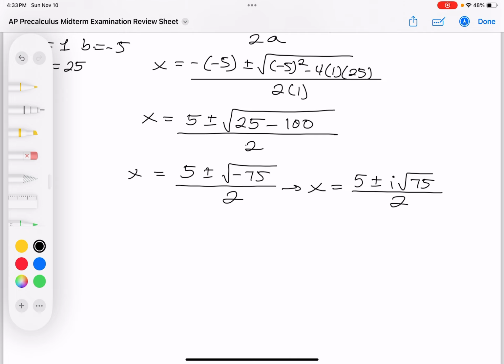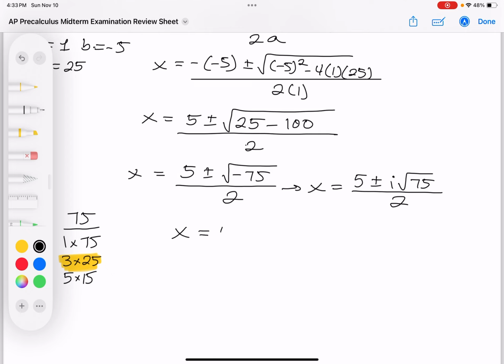Then you want to find two numbers that multiply to 75, and one of those numbers is a perfect square. So numbers that multiply to 75 is 1 times 75, 3 times 25, and 5 times 15. But we're going to pick the option that has the perfect square. And the perfect square in this case is 25.